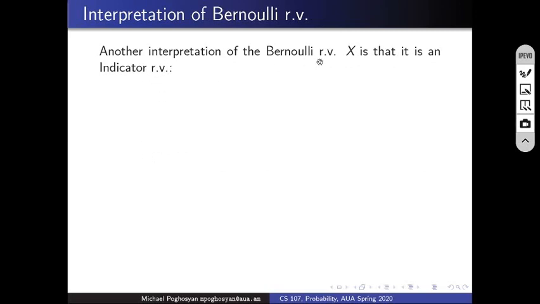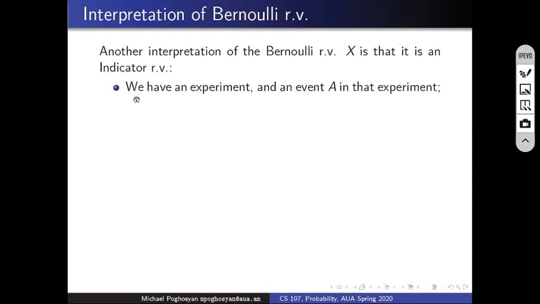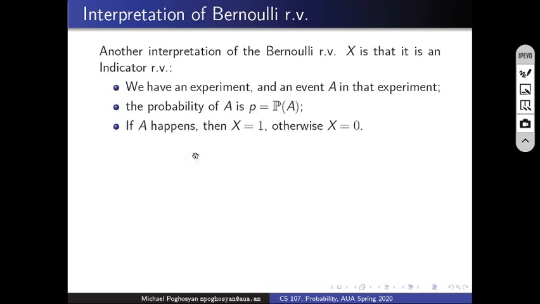Another interpretation of Bernoulli random variable is that it is an indicator random variable. I was talking about that. So the general idea is the following. We have an experiment and an event A in that experiment. P is the probability of A in that experiment. And if A happens, then x is 1. Otherwise, x is 0.